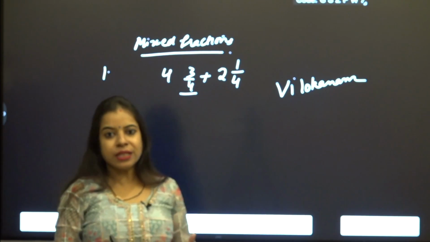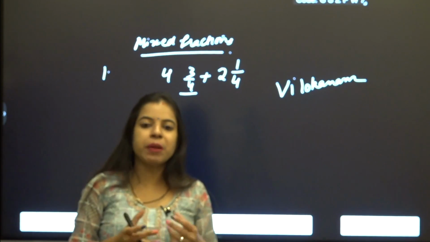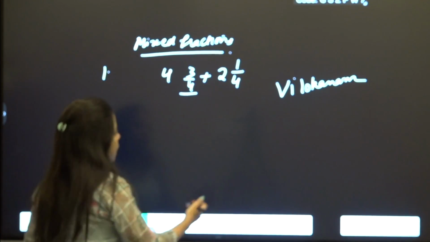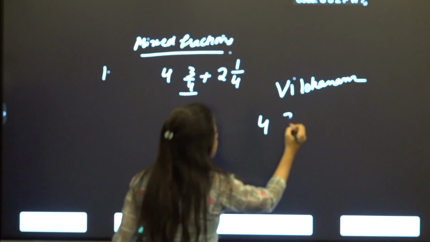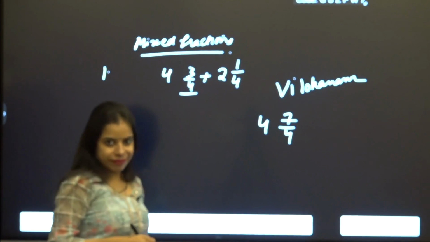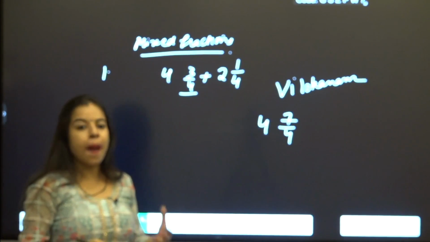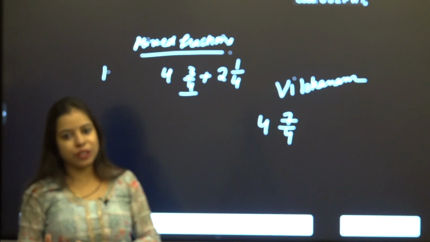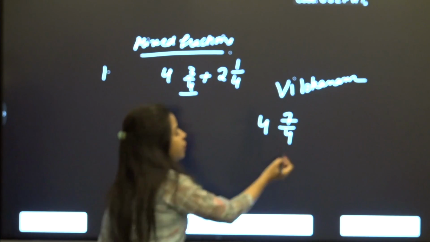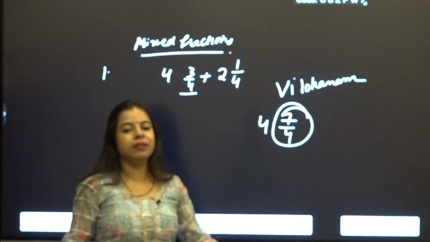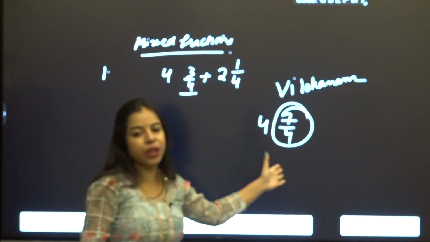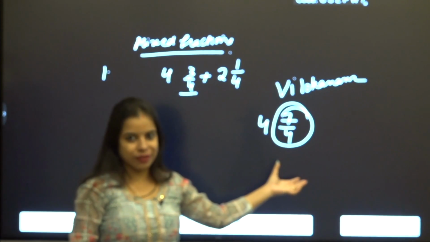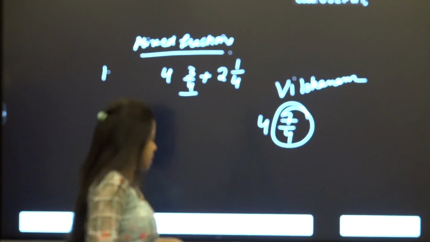Okay, my dear friends, because in case of a mixed fraction, we can't write like 4 7 by 4, because a mixed fraction consists of a whole part and a proper fraction. So this will further be converted. So this is not the way of writing a mixed fraction. Okay, that was the observation.